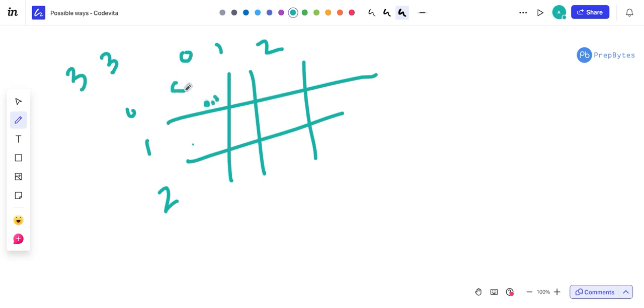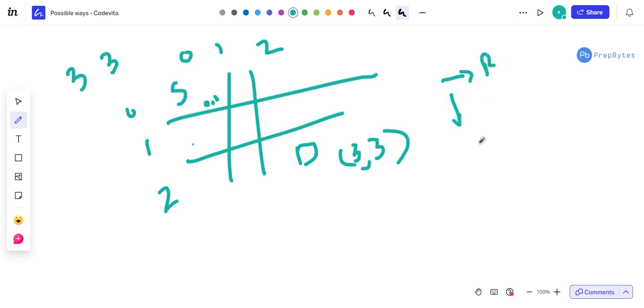Here Scikit is, which is our source, and he's trying to reach the destination cell, the very last n of n, which is 3, 3. He has a restriction that he can either go to the right or down. So this is going to be a right and this is going to be a down. Now we need to help him find the number of possible ways he can get there.